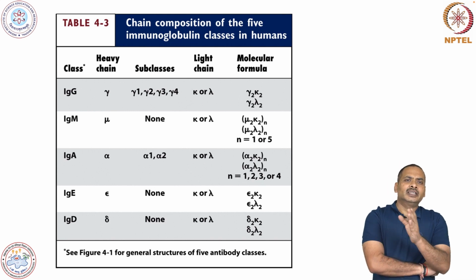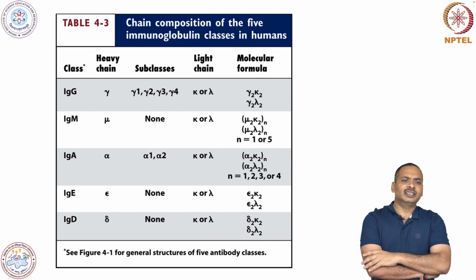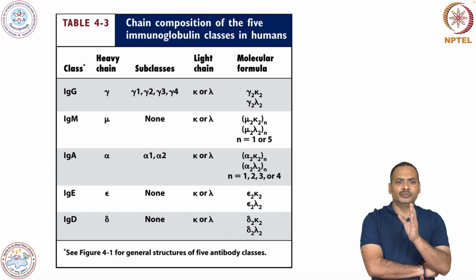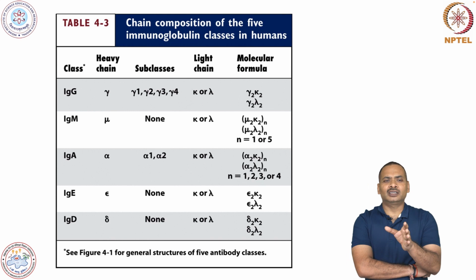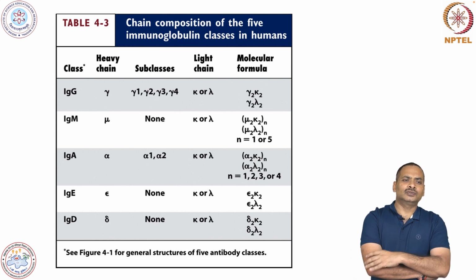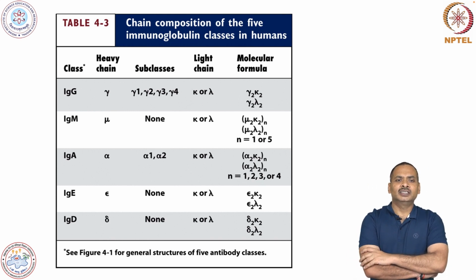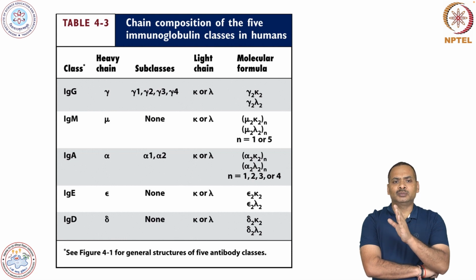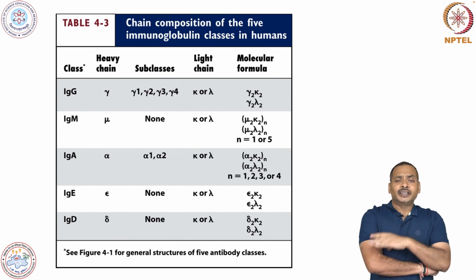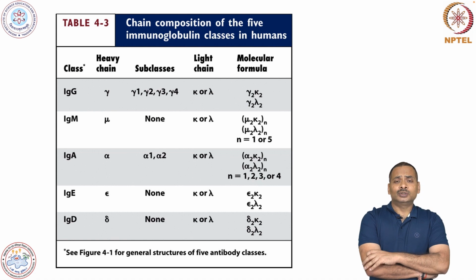They have different heavy chains like gamma, mu, alpha, epsilon and delta, and in some cases there are also subclasses. For example, in IgG there are 4 subclasses: gamma 1, gamma 2, gamma 3, gamma 4. In IgA there are alpha 1 and alpha 2 subclasses.